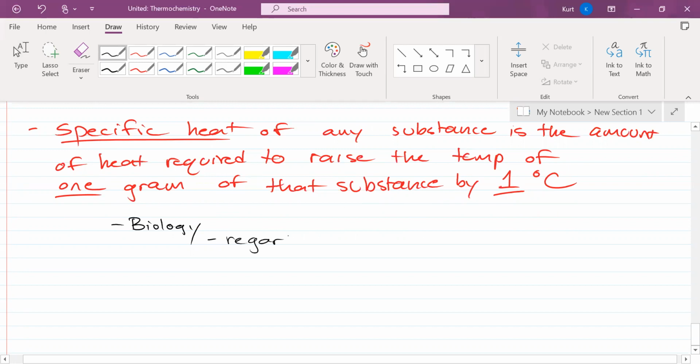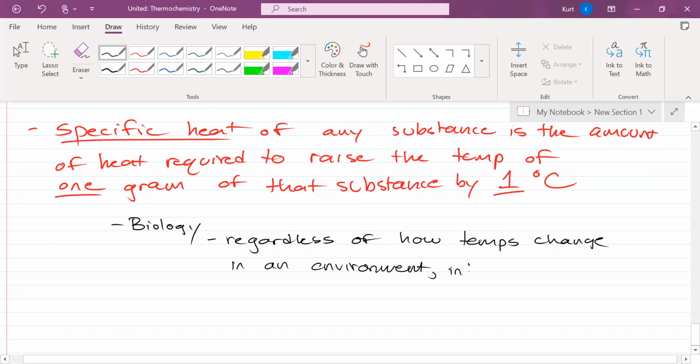Regardless of how temps change in an environment, internal temp in organisms is minimally affected.